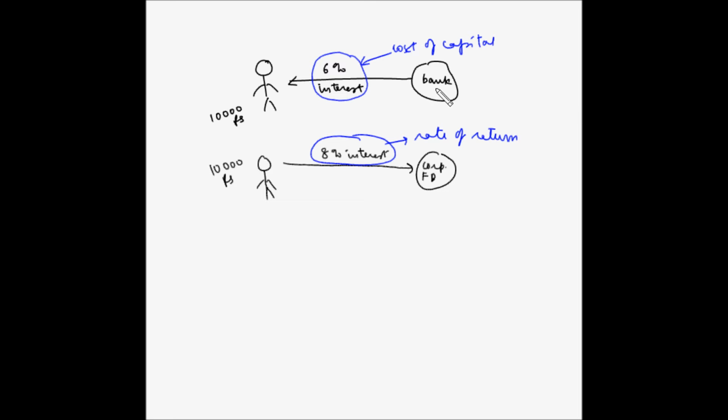Whereas if we take the bank as the reference point, then they would say that they are getting a rate of return of 6% on the loan that they have given to you.